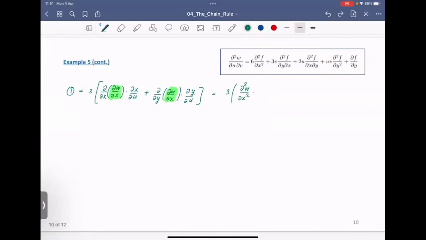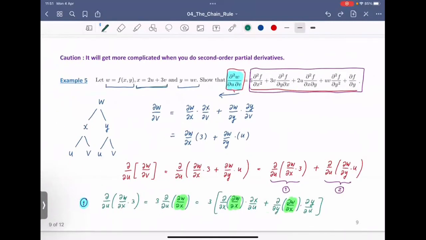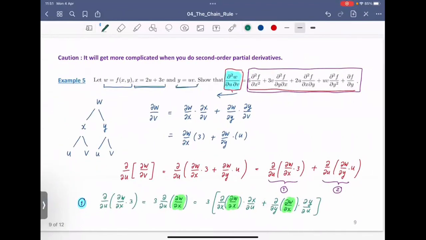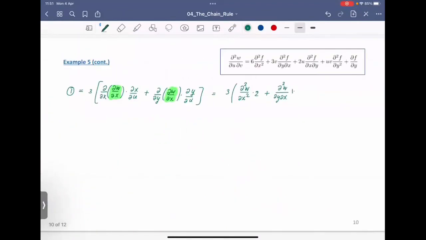So we have x is 2u plus 3v, so that is 2. And then plus ∂²w/∂y∂x, and then that's gonna be ∂y/∂u. y by u is gonna be v.